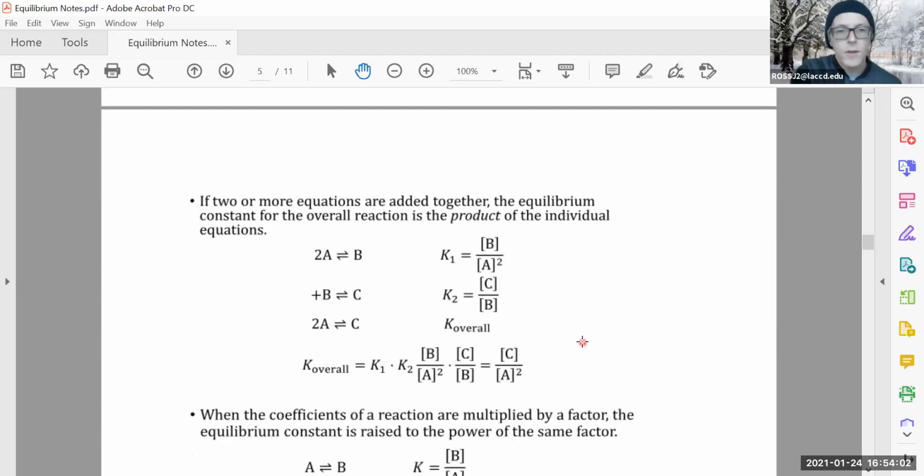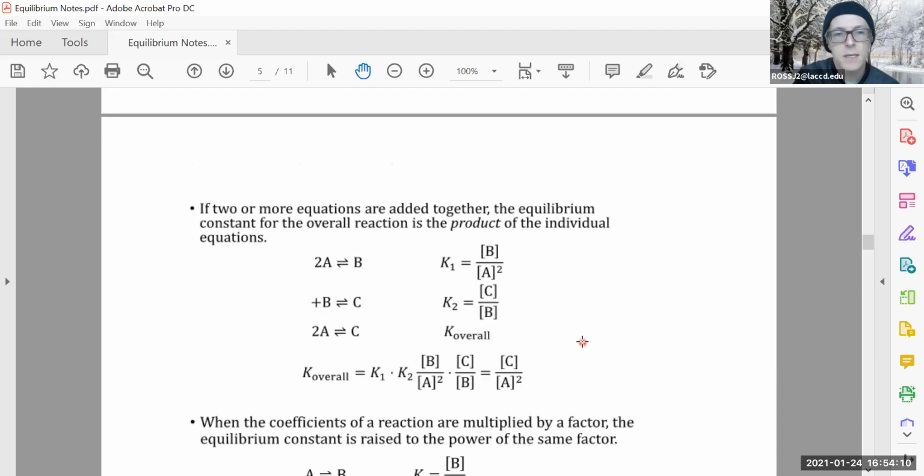Let's see here. If two or more equations are added together, the equilibrium constant for the overall reaction is the product of the individual equilibrium constants. So let's stop and look at this first bullet point. So let's say we have this equation, let's call it equation 1.